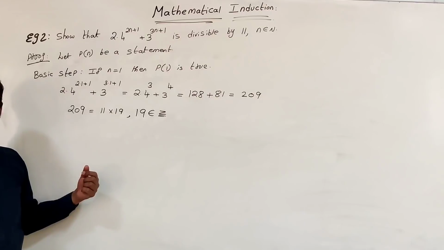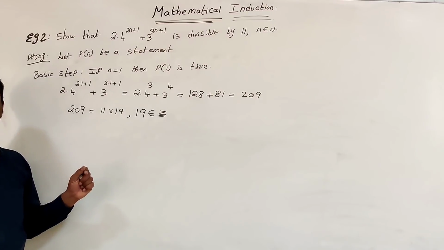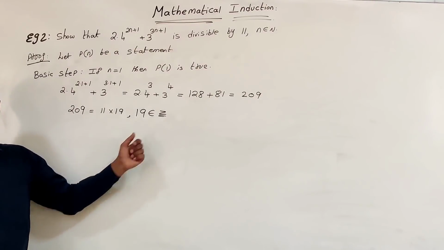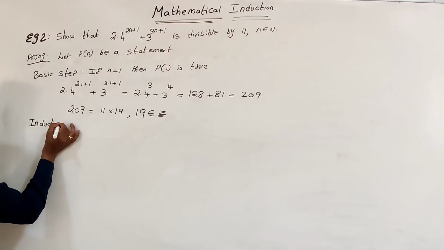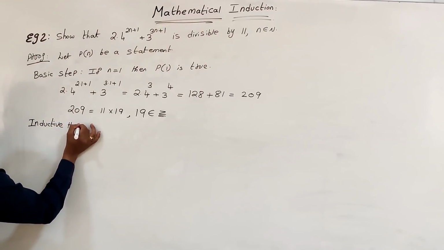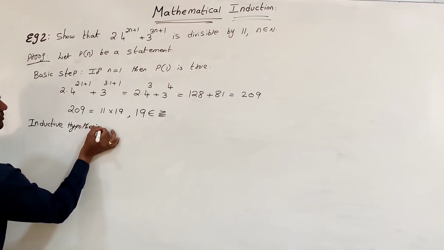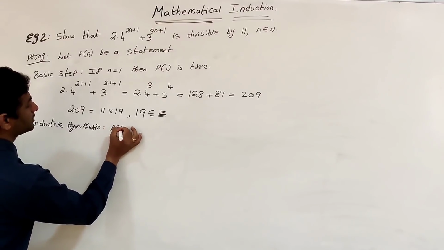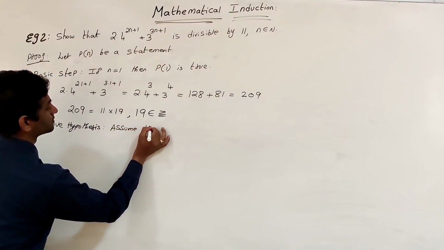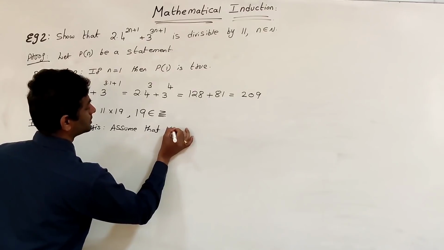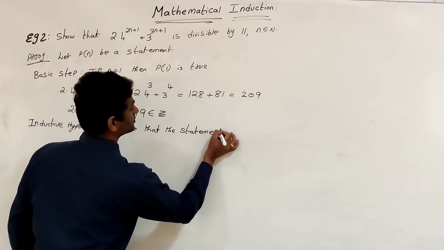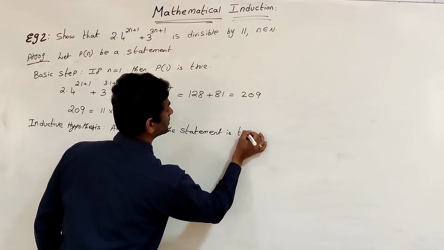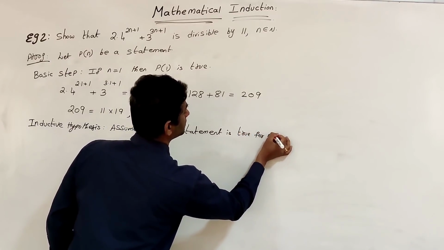So by using the hypothesis, let us assume that the given statement is true for n is equal to k. Inductive hypothesis: assume that the statement is true for n is equal to k.